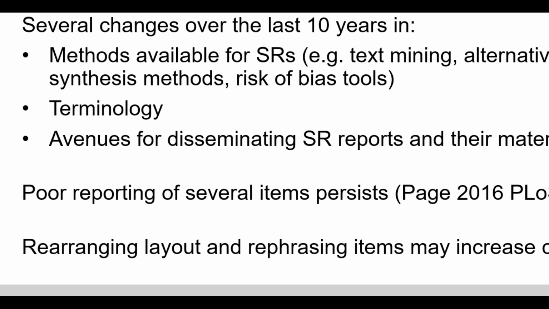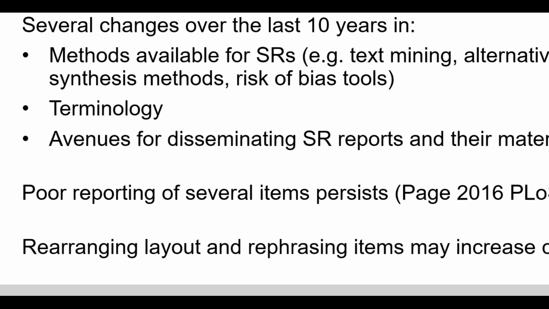And there's been advances in the tools we use to appraise the studies included in our review. And all of these changes have not been accompanied by updates in guidance for how to report the use of these methods. There's also been some changes in the last decade in terminology used to describe particular steps of the systematic review process, and also in the avenues that are available for disseminating systematic review reports and their underlying materials.